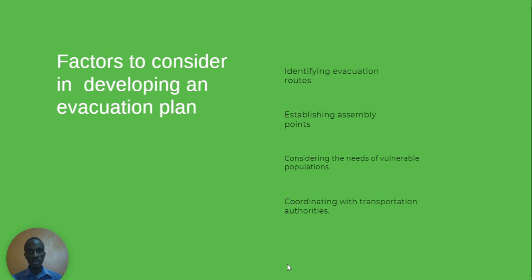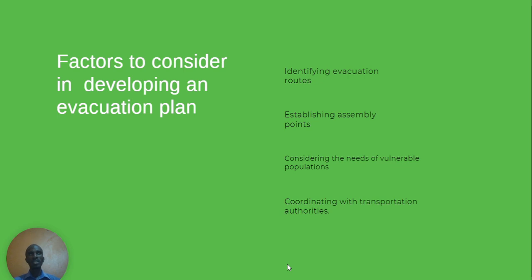You shouldn't use shortcuts, but instead use routes which are clear enough, the ones that are not going to put people who are being evacuated at risk of death or injuries.